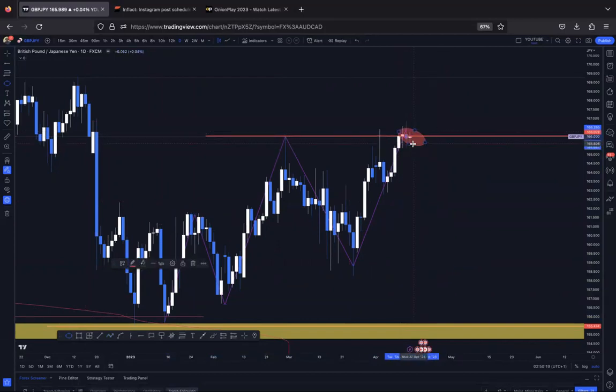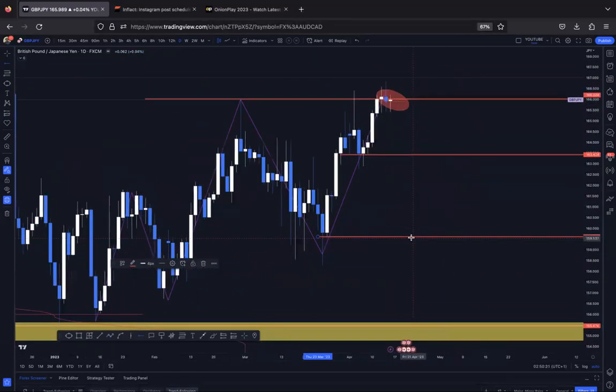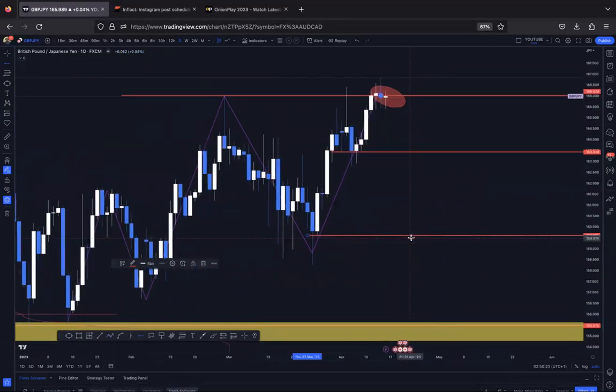If price rejects this level, the levels we'll be targeting for the weekly and the daily would be this level and that level, which are some long-term pushes here. I've not even talked about the demand and supply zone, because that is the main thing that we are trading.